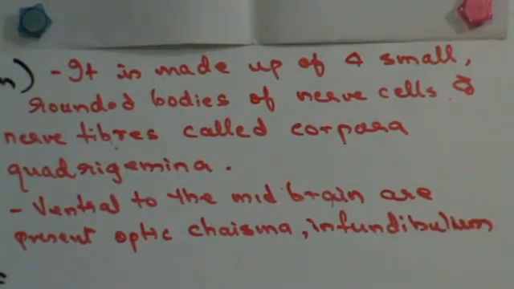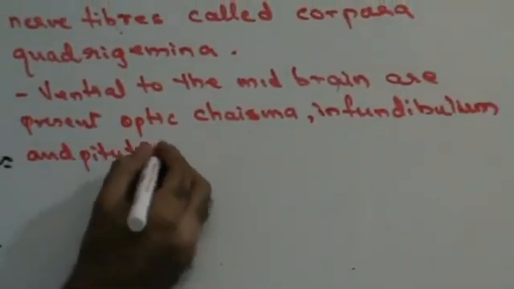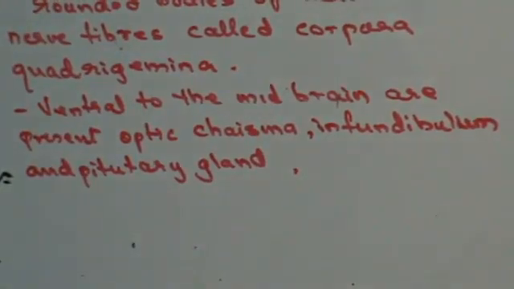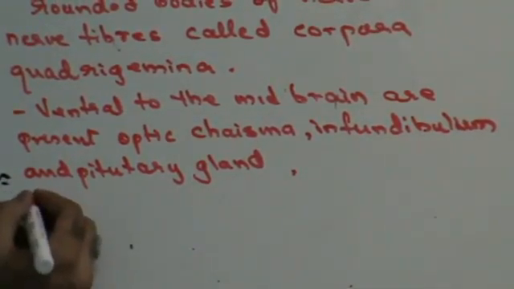So you have the optic chiasma, the infundibulum, and the pituitary gland. That's on the ventral side. Now, what does the midbrain do?